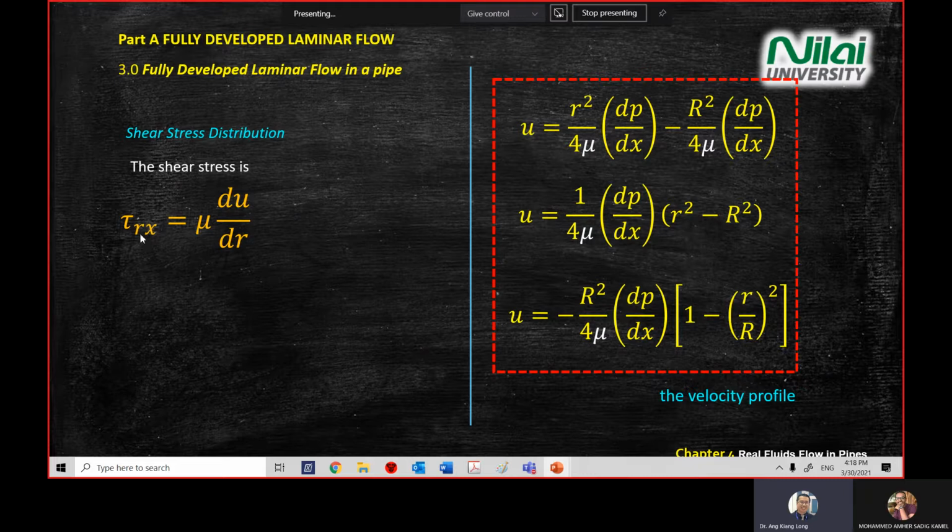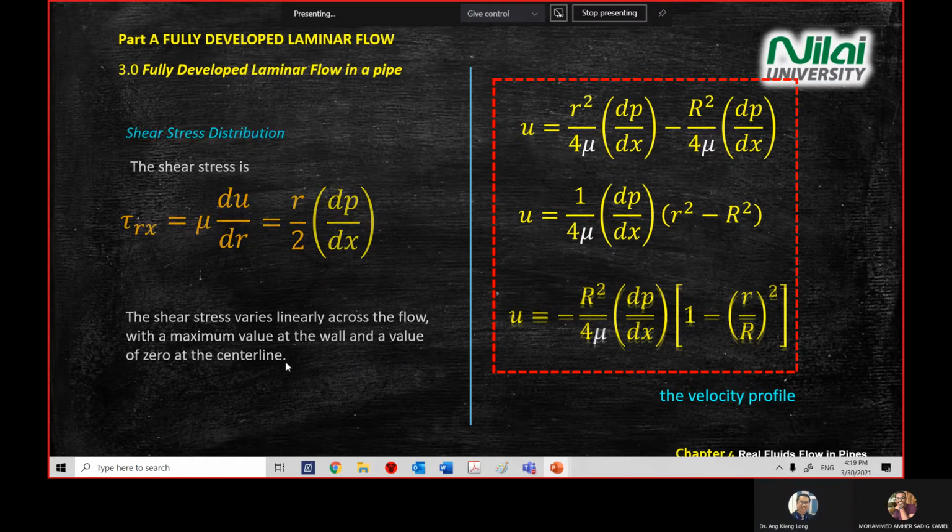Previously, for the plate, you had yx, but for a pipe you use the radius r in the radial coordinate. So you use tau rx equal to mu du dr. Previously you saw this as du dy or du dx, but in the pipe you use the radius as our reference. Then you rewrite the equation: shear stress tau rx equal to r divided by 2 times the pressure difference along the x-axis.